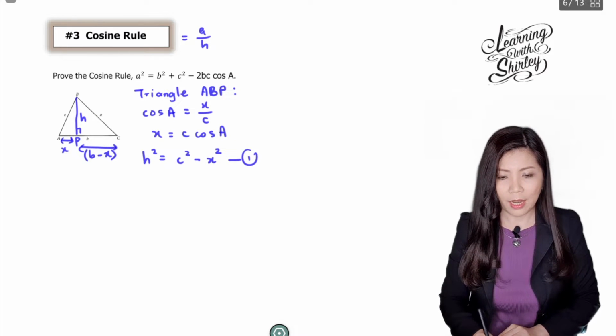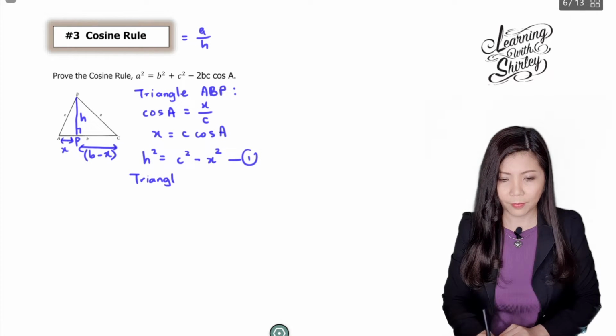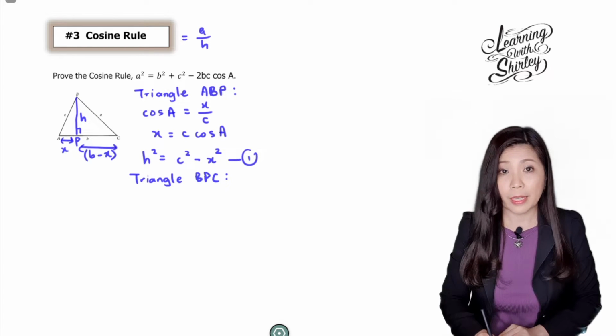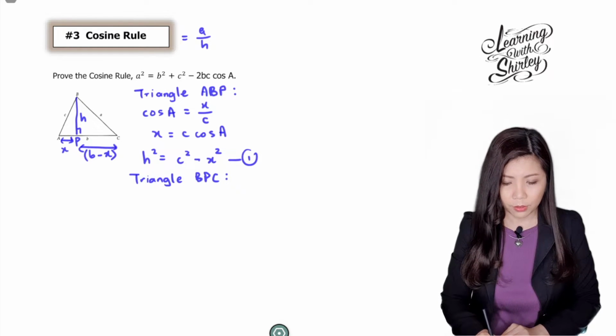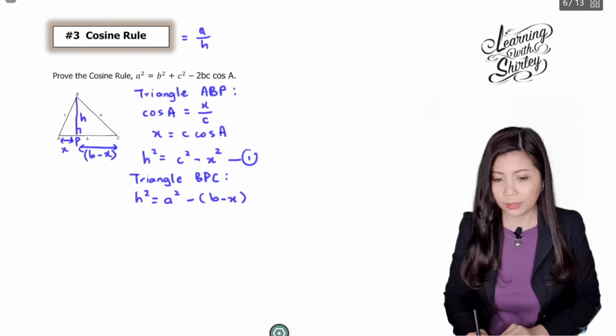Next, I'm going to use triangle BPC. Here I'm going to use Pythagoras theorem as well. So h squared equals a squared minus (b minus x) whole squared.